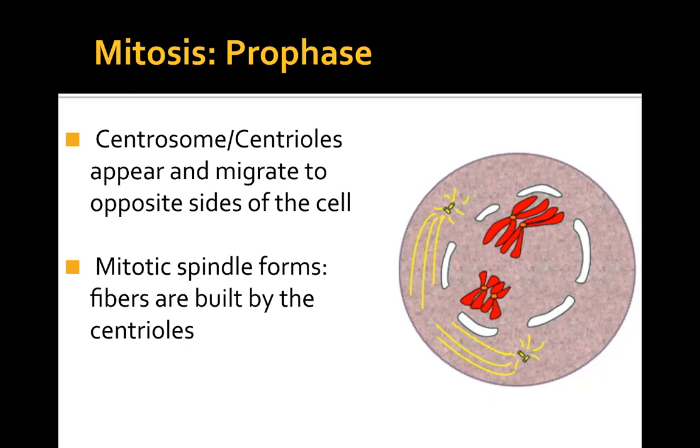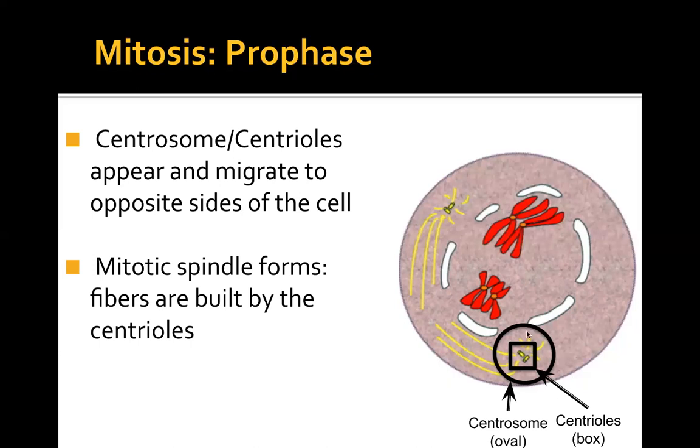The job of the spindle fibers is they're going to act like lassos, physically attach to the chromosomes and pull them apart when the nucleus goes to divide. Just a vocabulary note here, the whole structure is called the centrosome, where the actual organelle that builds the spindle fibers is called the centriole.